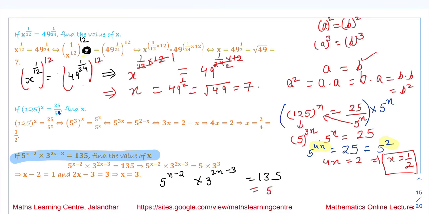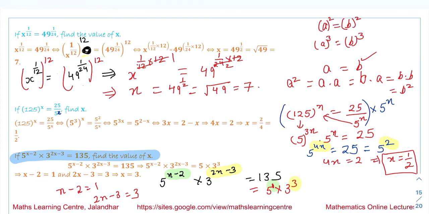So it is 5 into 3 raised to the power 3. So when we compare the powers of 5, we get x minus 2 is equal to 1. Power of 5 is 1, and power of 3 is 3. We are saying 2x minus 3 is 3 and x minus 2 is 1.